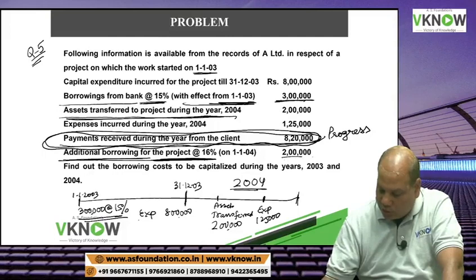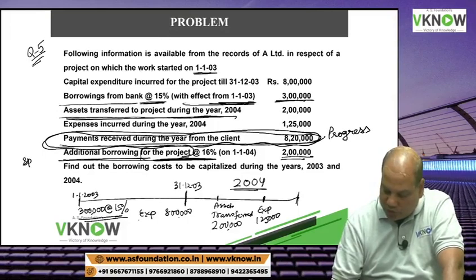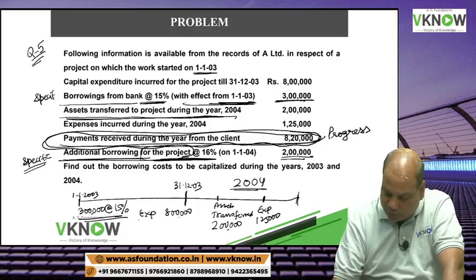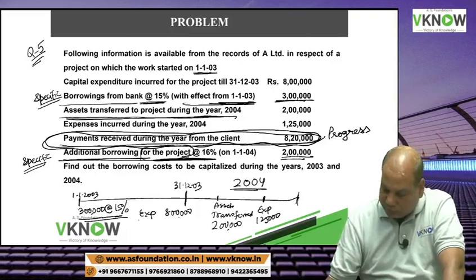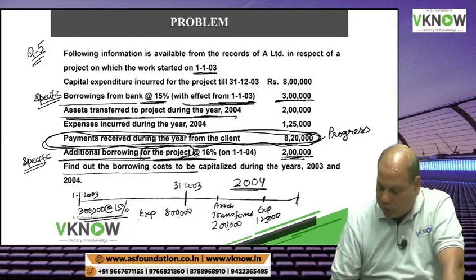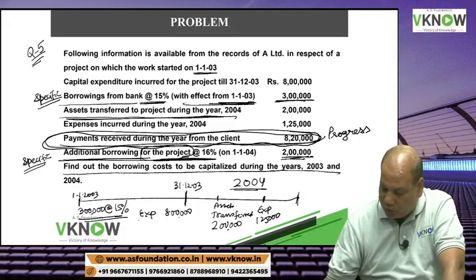One more loan was taken, but it is for the project, so a specific loan. This is also a specific loan, 2 lakh rupees. Find out the borrowing cost to be capitalized during the year 2003 and 2004.